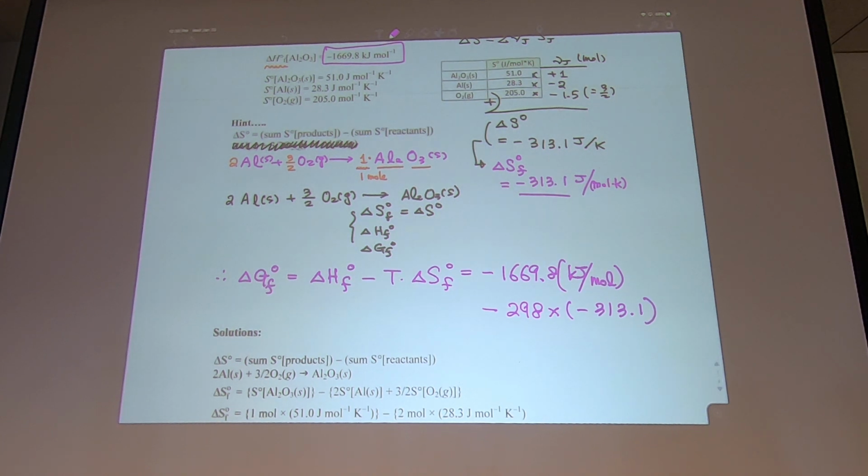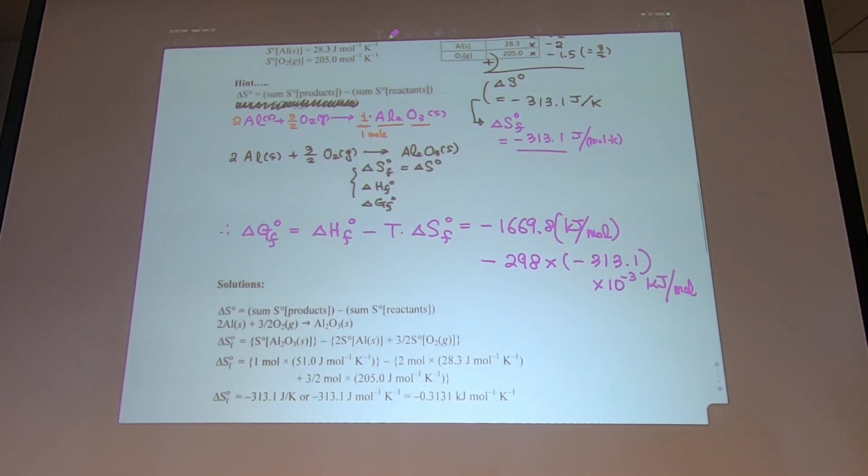Actually, we'll leave it there. I need to multiply this one by 10 to the minus 3 so that I can say kilojoule per mole. Because this is in joules, but I want to use kilojoules, so we just have to multiply by 10 to the minus 3 in front so that I can use the same unit.